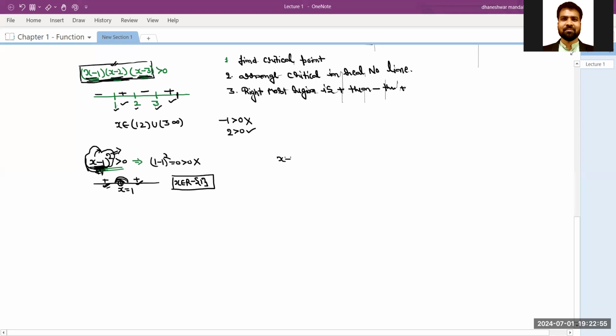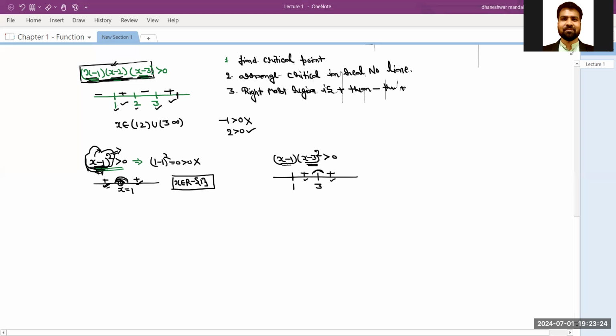Similarly, if I have (x minus 1) and (x minus 3) square, and this expression is greater than 0, and I want to calculate the solution, then from here I get two critical points, 1 and 3. But for 3, if I move around it, the expression does not change its sign. That's why I'm taking the plus sign here and plus sign here.